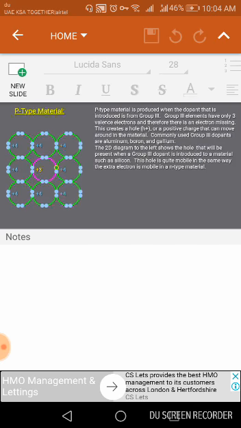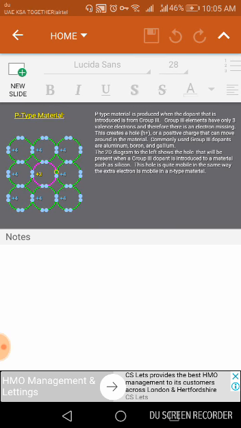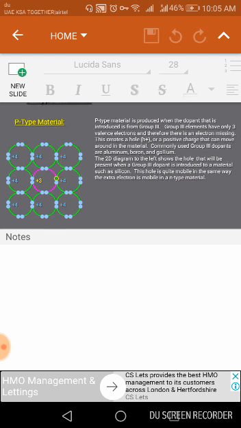Now, what happens when these P and N materials are brought together? We take a single piece of semiconductor, silicon, which is widely preferred. One side of it is doped with pentavalent impurities and the other side with trivalent impurities.